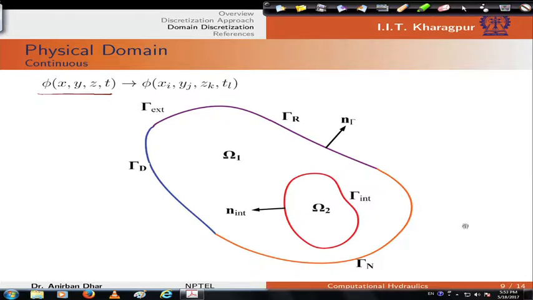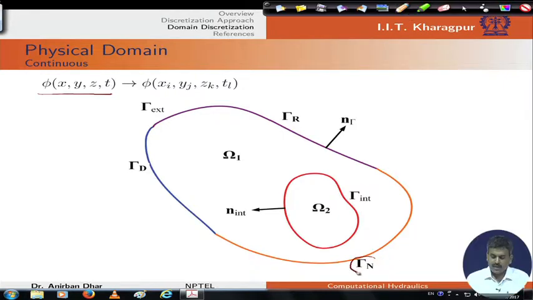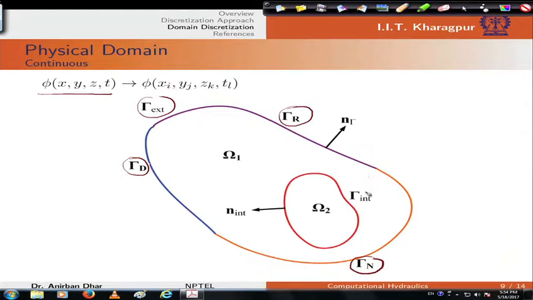So, if we divide this domain, where gamma n represents Neumann boundary condition, gamma d represents the Dirichlet boundary condition, and gamma r represents Robin kind of boundary condition, and in this case gamma exterior in general represents the external boundary condition, gamma interior is for internal boundary condition.